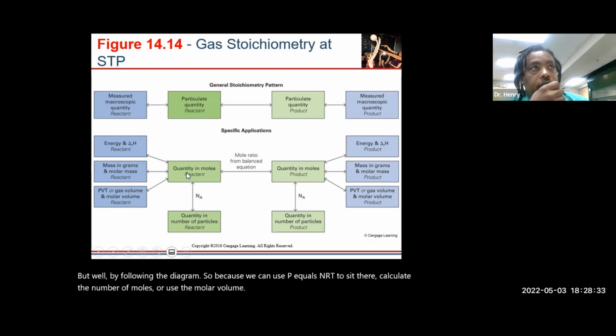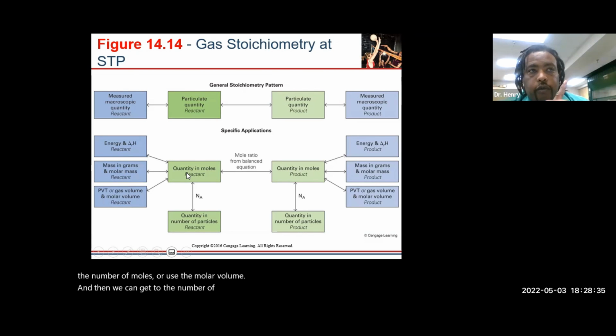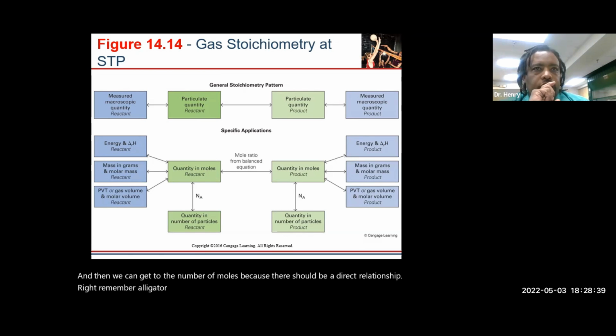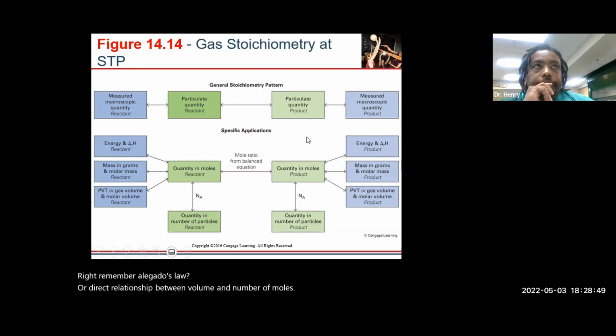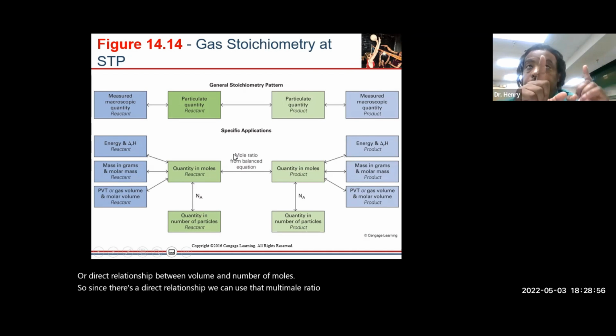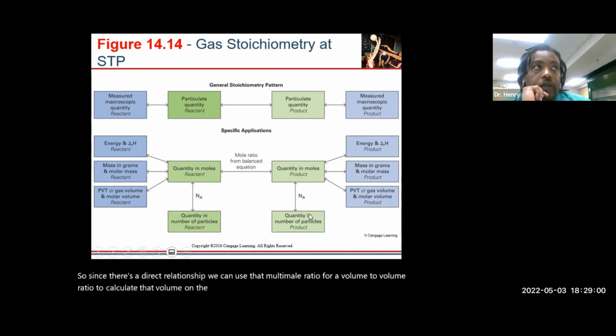Remember Avogadro's law, a direct relationship between volume and number of moles. Since there's a direct relationship, we can use that mole to mole ratio for a volume to volume ratio to calculate the volume on the other side. Let me show you what I mean.